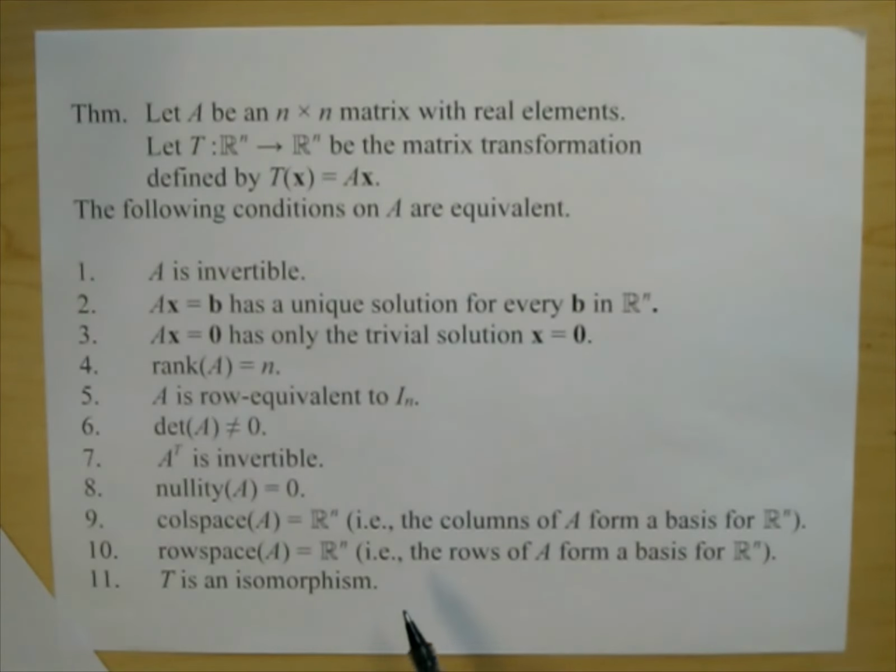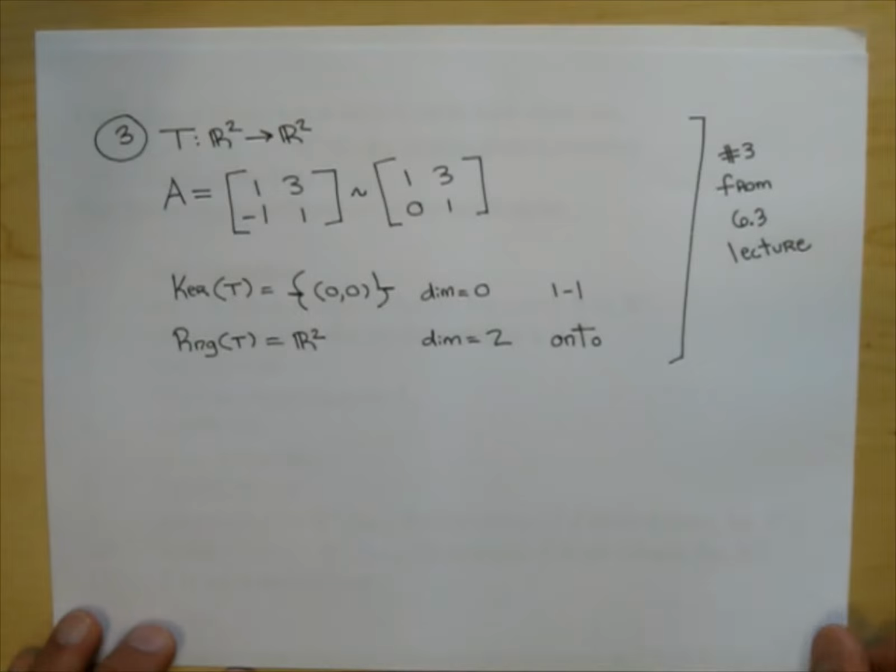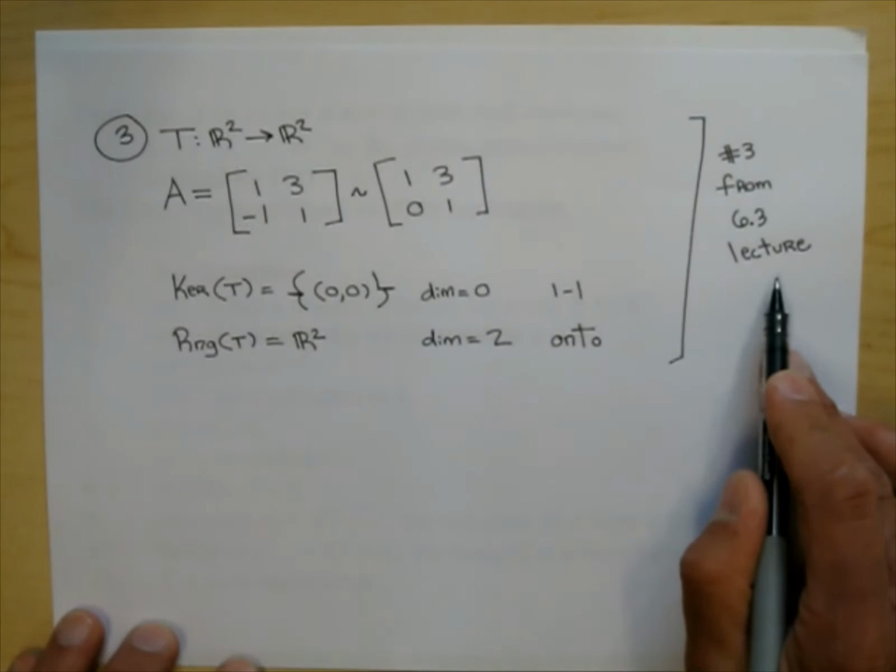So the problem that I'm going to show you just illustrates this theorem. And I was actually going to do this in 6.3. But I felt like 6.3, the video being over 2 hours, this would have been the breaking point, and people would have gone crazy. So I decided to include it here, which really is in 6.4. This is number 3 from the 6.3 lecture.